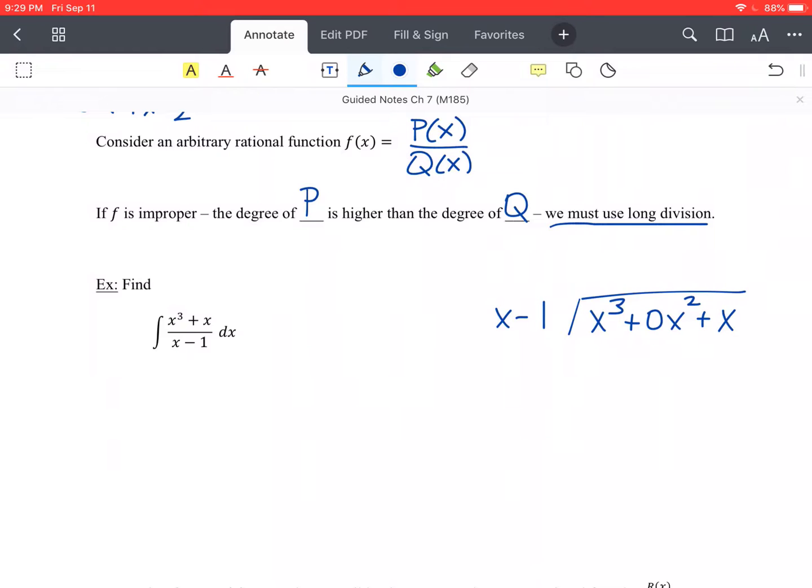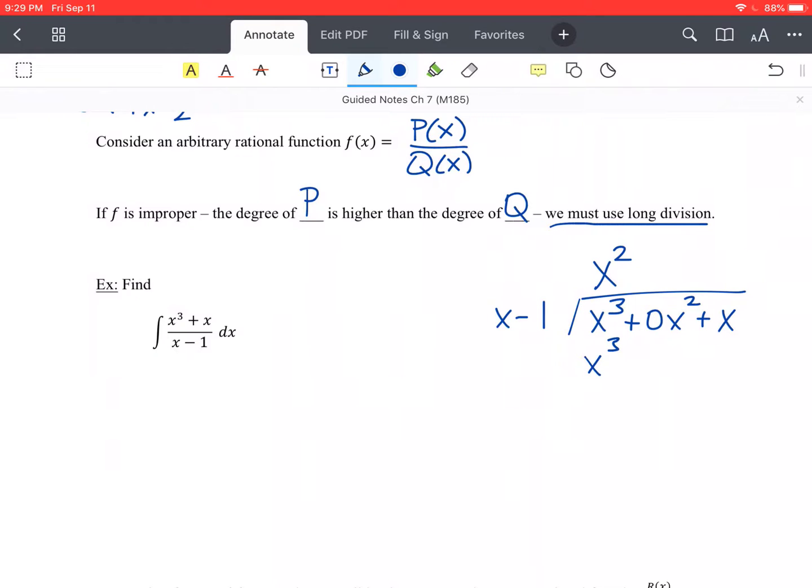So to do long division, you take the leading term of this one and you divide it into that one. So the x cubed divided by the x is going to be x squared. And then you take whatever term you get here and multiply it by this. So that's going to be x squared times x is x cubed.